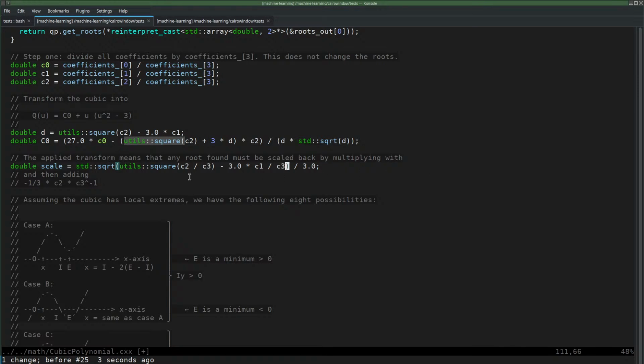Except that's not true. These are the originals, so the coefficients. So at this point I have a C2, which is already divided by the C3.